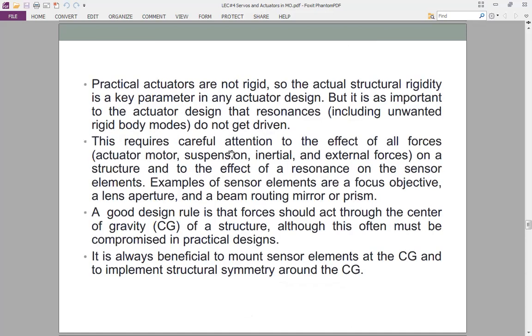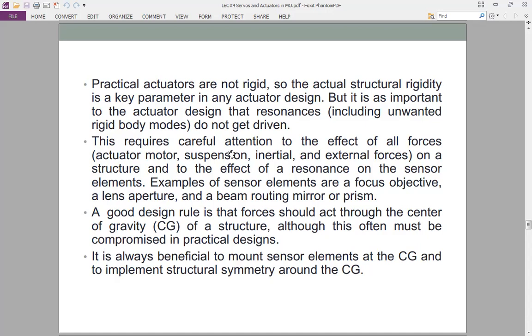Practical actuators are not rigid, so the actual structural rigidity is a key parameter in any actuator design. But it is as important to the actuator design that resonances, including unwanted rigid body modes, do not get driven. I think we all understand resonance. Resonance is not an effect that is desired in some cases.